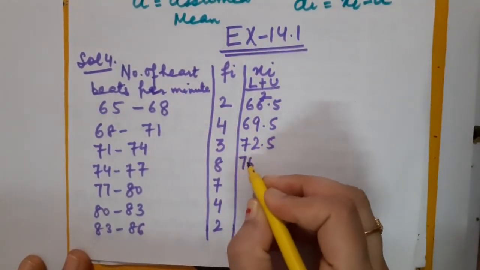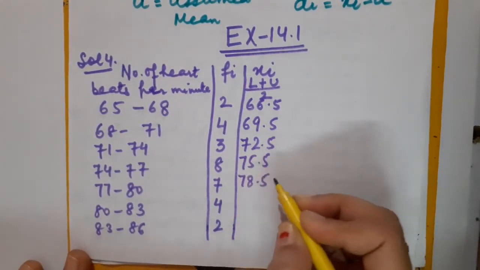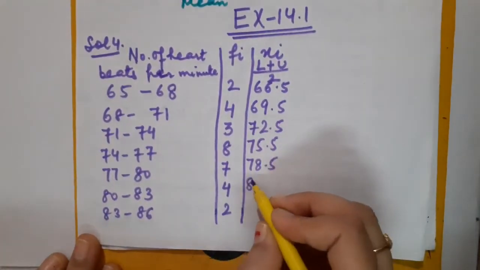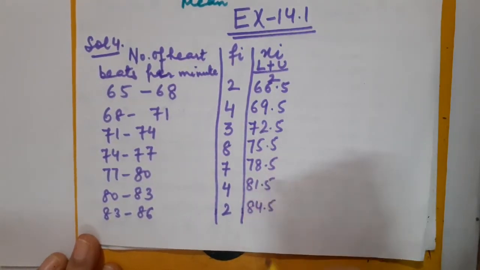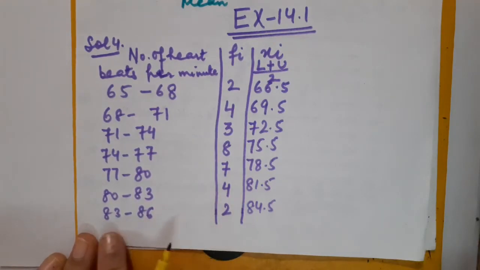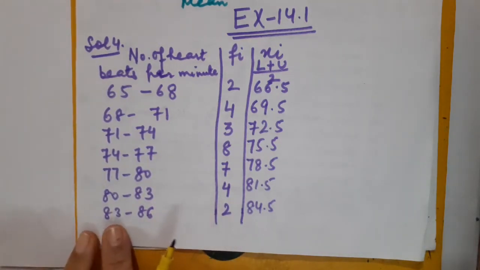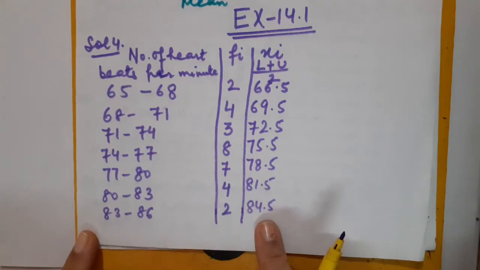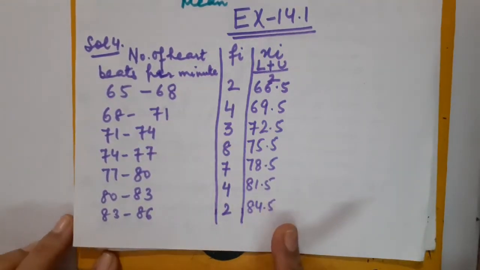So you will get 75.5, the next one will be 78.5, the next one 81.5, and the last one 84.5. But please check once, confirm it. Let us calculate for the 83 to 86 class interval. It will be 169, and when divided by 2, we get 84.5.